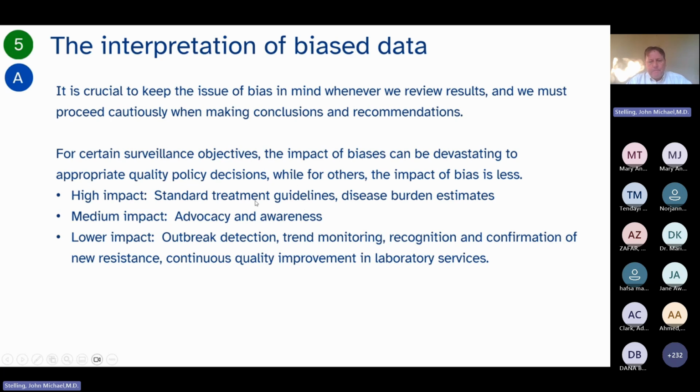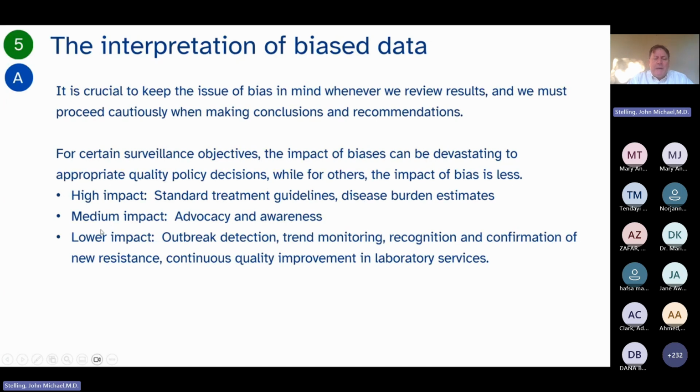Treatment guidelines: we can describe very, very well the bacteria that arrive in the laboratory, but those do not represent the general community that we want to make treatment guidelines for. So the biased data can have a very significant impact, and this is the subject of antibiograms. So there's a high impact on our primary objective for today.